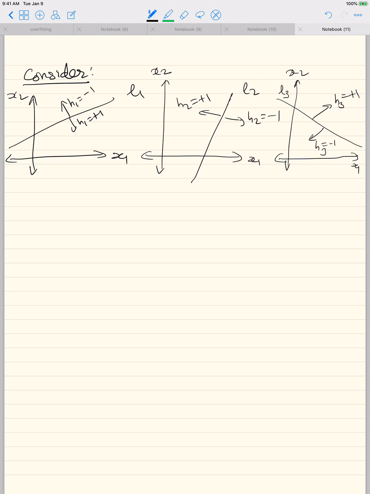Now what we will do is, for the original decision boundary, suppose we wanted to just implement a decision rule of the following form.